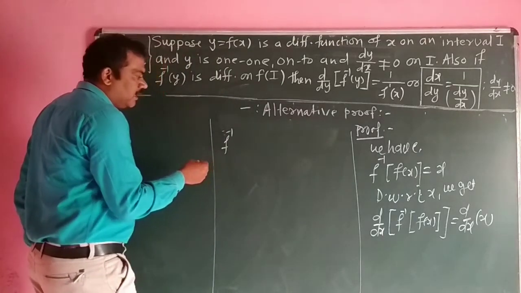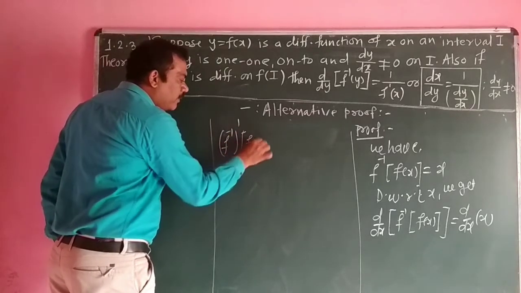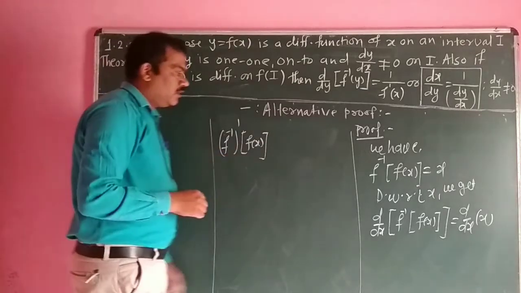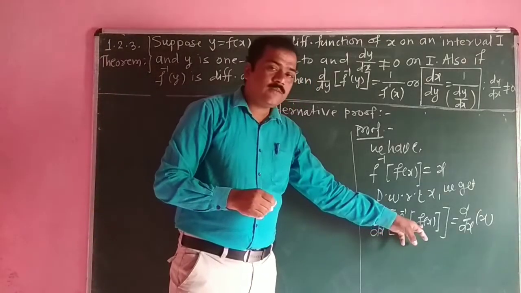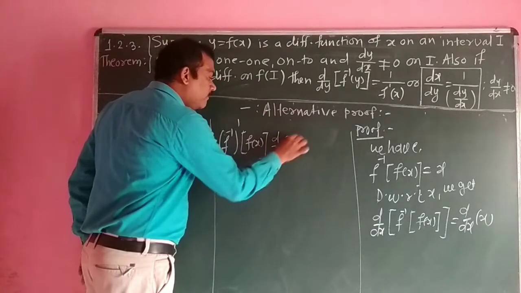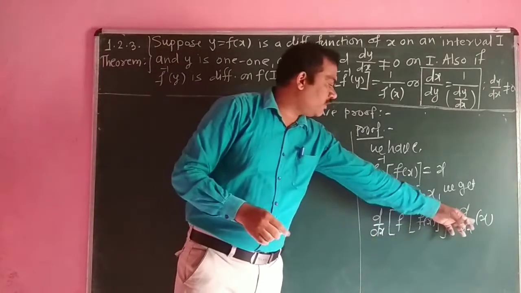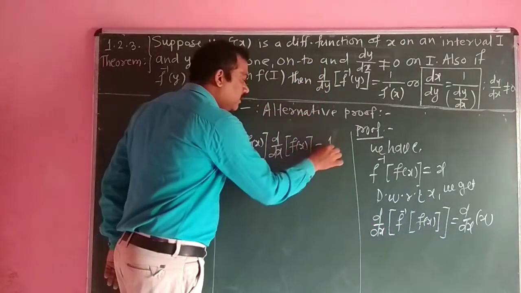f inverse dash of f of x into, now we have to take the derivative of this f of x, that is d/dx of f of x, is equal to the differentiation of x with respect to x, which is nothing but 1.